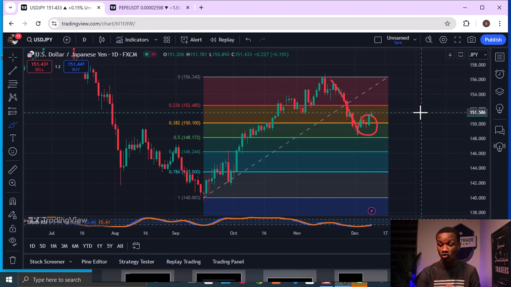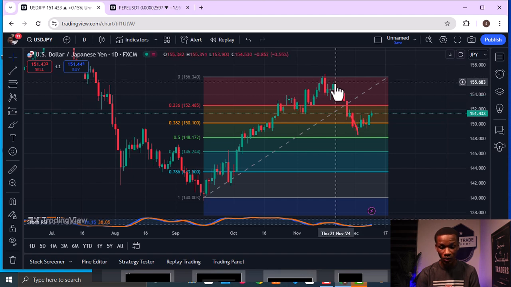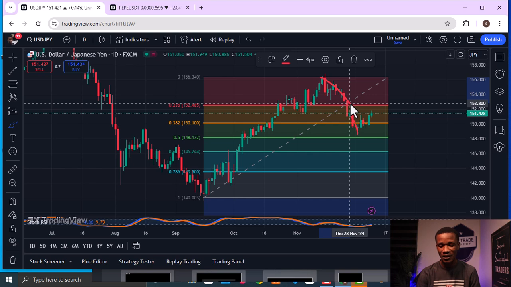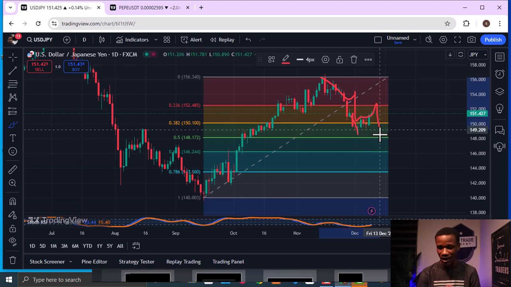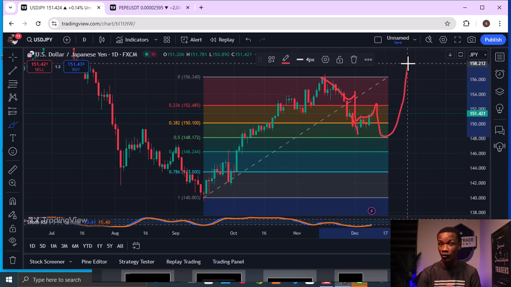There are situations where the market will come down, let's say from this very point to this very area, and it seems that the market is going to move upward and then crashes back down again to this level of 0.382, and then looks like it's going to go back up, crashes back down to the 0.50 before it finally moves all the way to the upside.